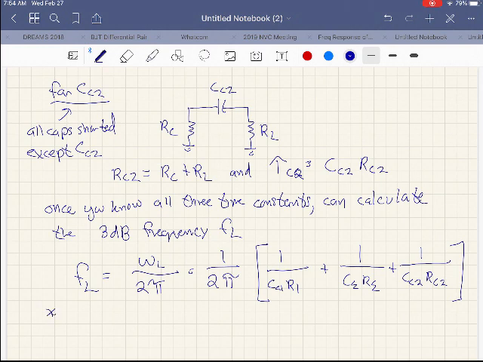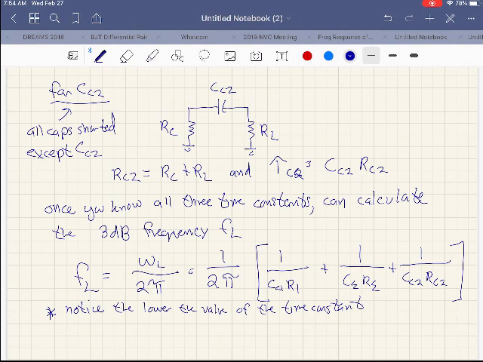Now, there's a couple of things we want to notice here. Notice the reciprocal relationship, 1 over the time constants in each case.